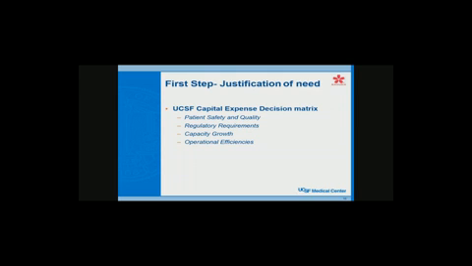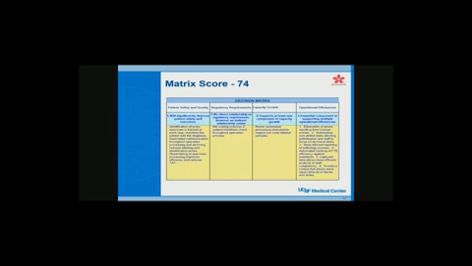So at UCSF, we have to go through the capital expense route, and they give us a matrix to fill out. The decision matrix, they call it, has these 4 items that we have to give answers to. This may be a little different from what you have at your institution as far as how you justify something.